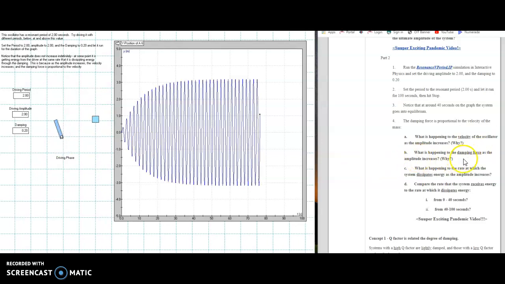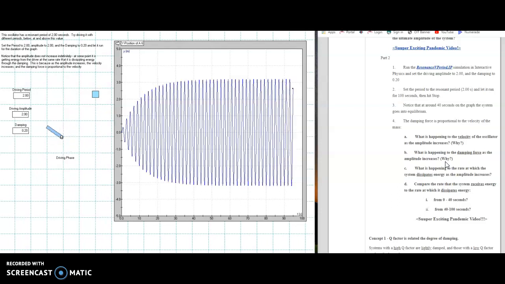What's happening to the damping force as the amplitude increases? Well, the damping force is some constant multiplied by the velocity. So think about what happens to the velocity. If the damping force is some number multiplied by that, whatever happens to the velocity also happens to the damping force.